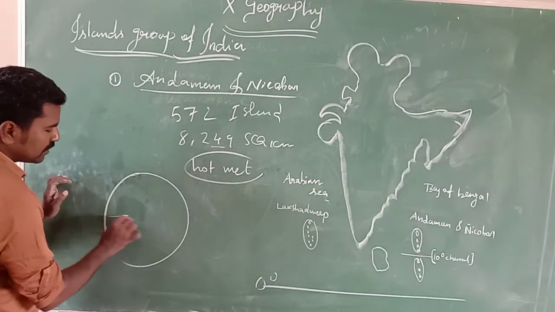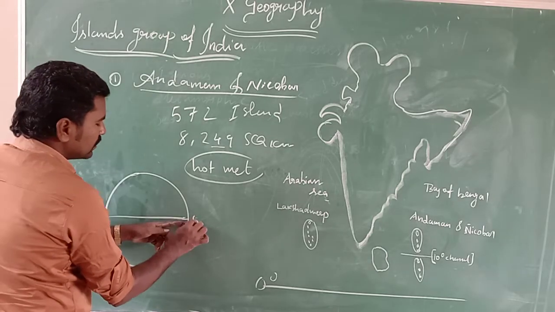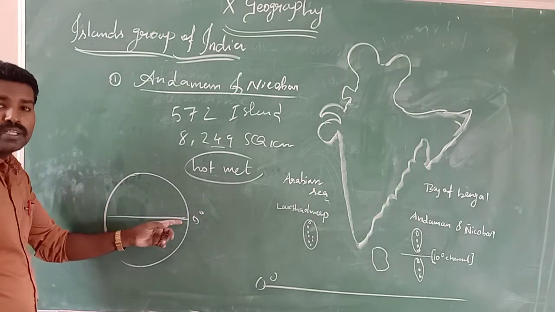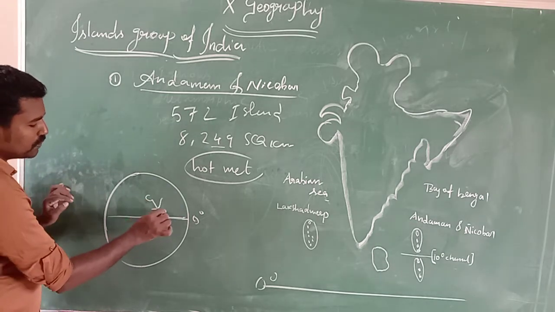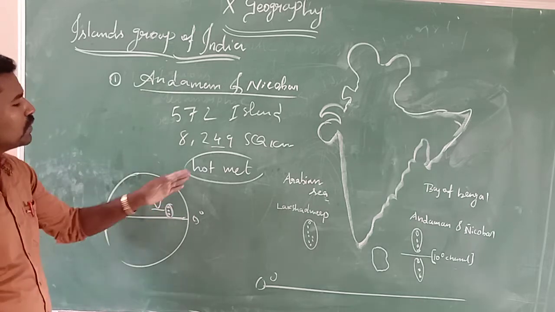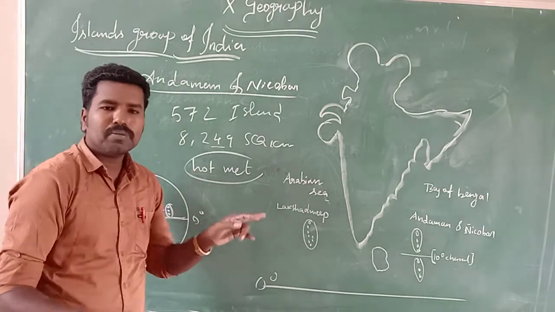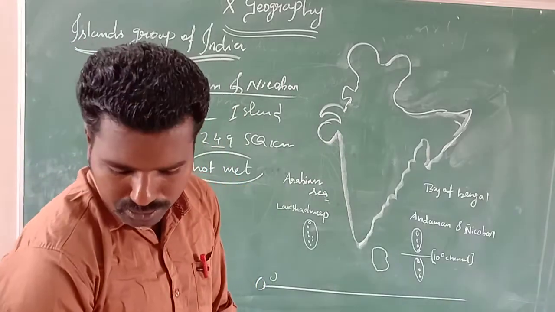The equator is the longest parallel line of the earth, called latitude. India starts from 8 degrees 4 minutes north latitude, which is very close to the equator. Due to this closeness, the climate of this area is very hot and also wet.